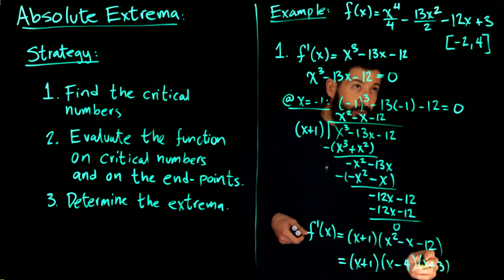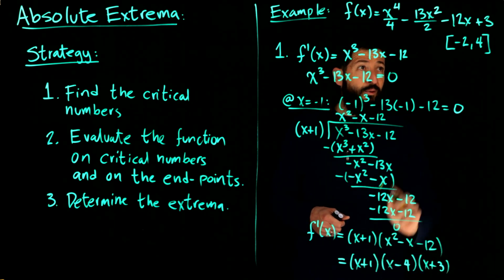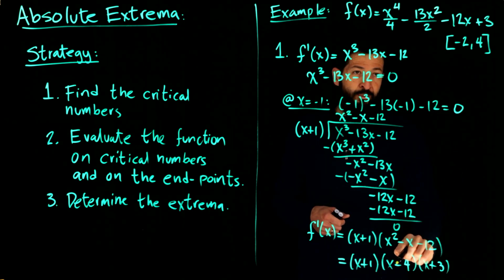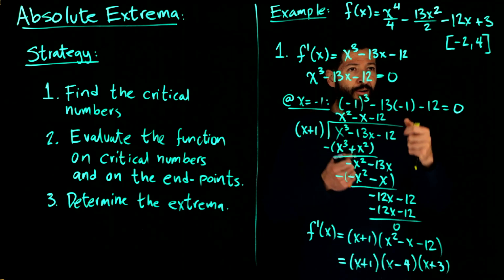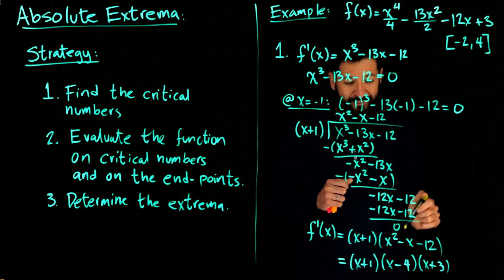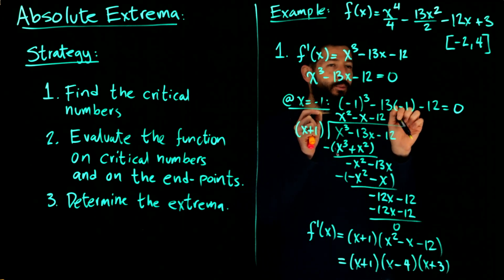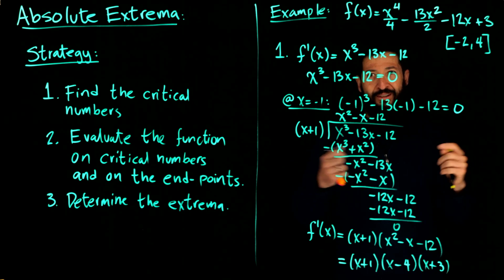For example, x equals negative 3 is not in here, but x equals negative 1 is in here, and x equals 4 happens to be an endpoint. So I got kind of the whole gamut of possibilities there. One on the end, one is an endpoint, one is inside of the interval, and the other one is outside.